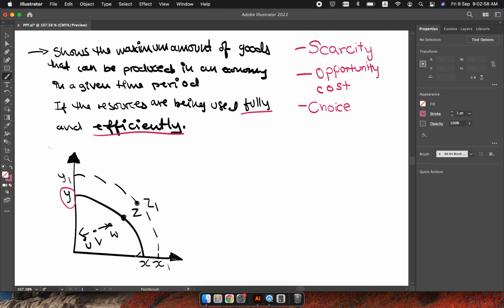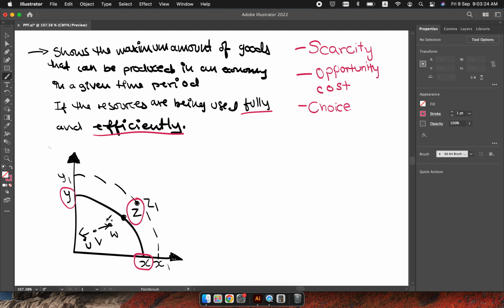And so this would then be good X. And then we have point Z. Point Z represents the potential output. So, as we go back to the definition, this is the maximum amount of goods that can be produced if the resources are being used fully and efficiently.